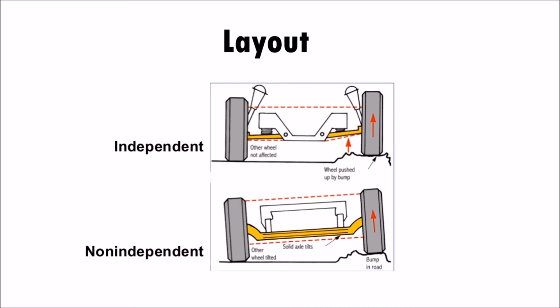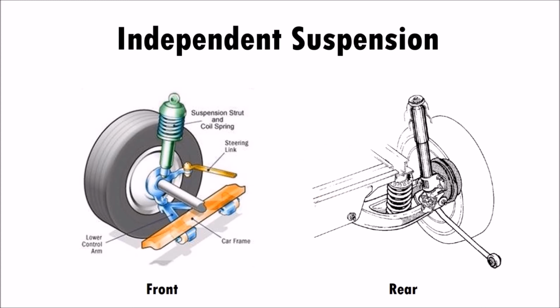We will focus only on the independent layout as most of the modern cars use independent layout. With this system, right and left wheels are not directly connected together and can therefore move independently of each other.